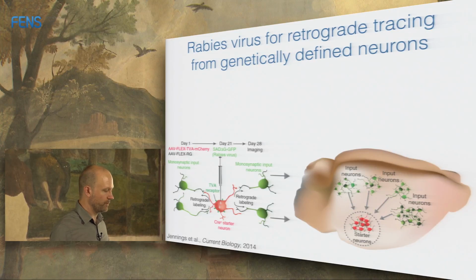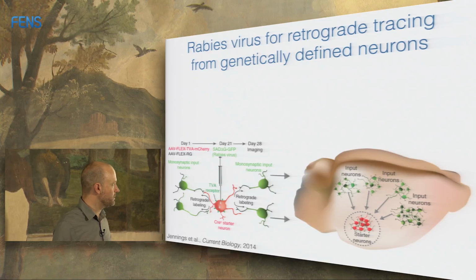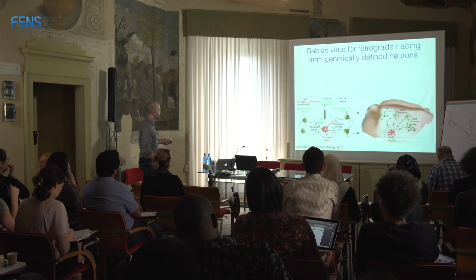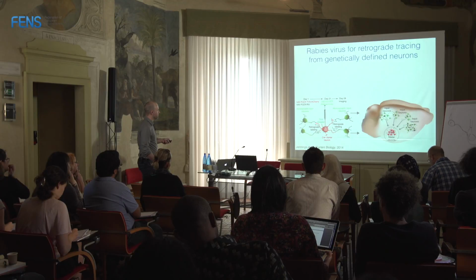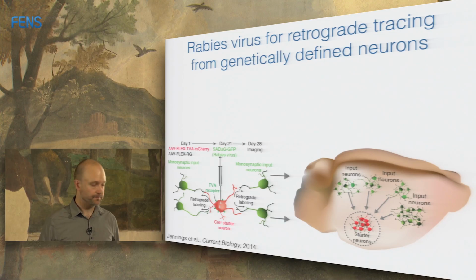And so they'll be the first to express the GFP that's encoded in the rabies virus. But then very rapidly, over the course of a few days, the viral particles that are produced by these cells will then be propagated transsynaptically into the neurons that are projecting to those Cre-positive neurons.